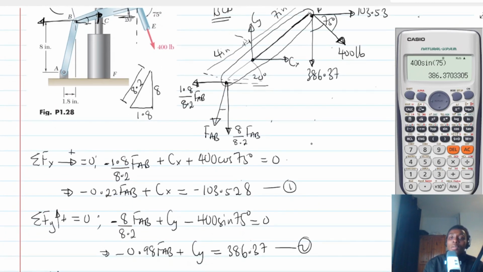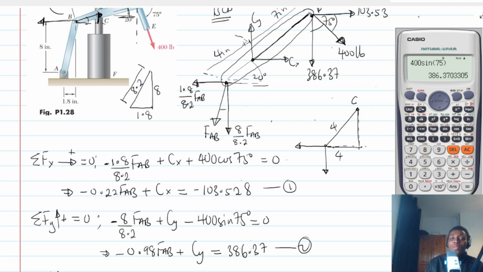You have something like this here, and then you have x component here, and then y component here. Now you are taking moment from C, and this distance is 4. So if you take the x component, the perpendicular distance will be this. But then if you take the y component, the perpendicular distance will rather be this side.